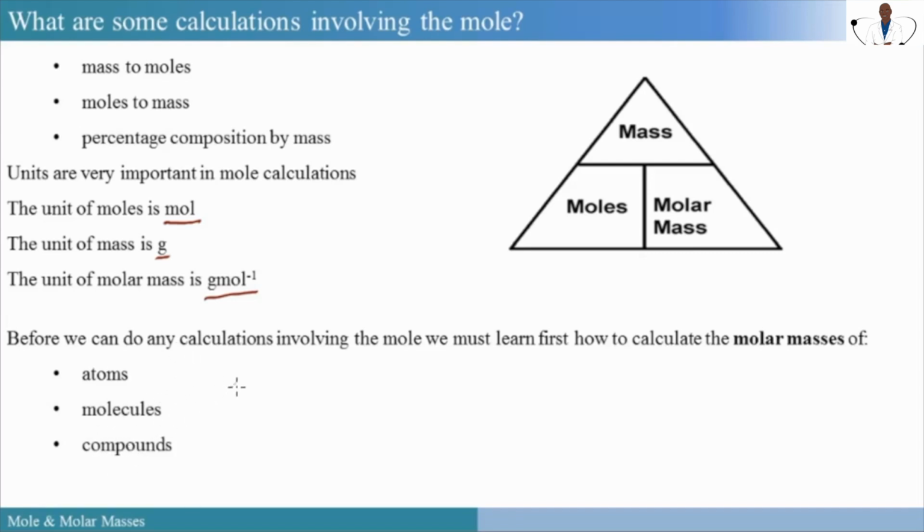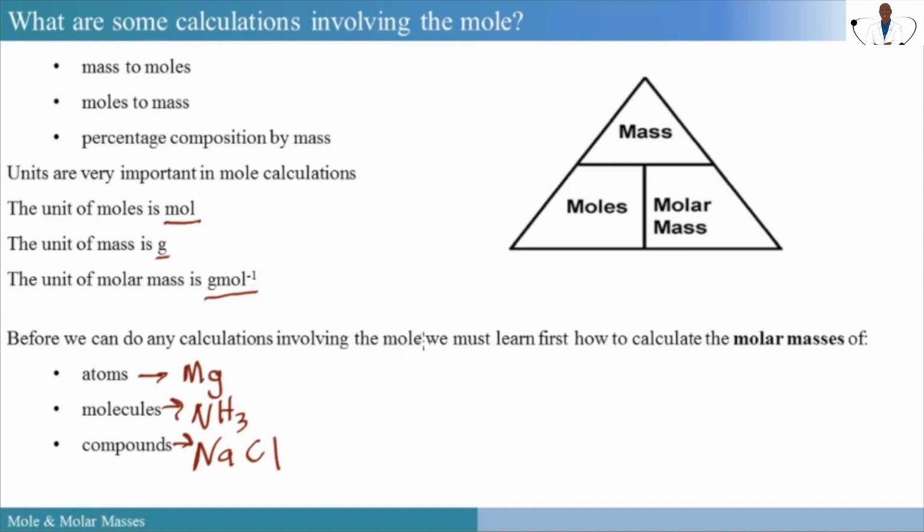So I could start by saying, what would be the molar mass of magnesium? Or what is the molar mass of ammonia? Or what is the molar mass of sodium chloride? So you see here, this is an atom, this is a molecule, and this is a compound or formula unit.